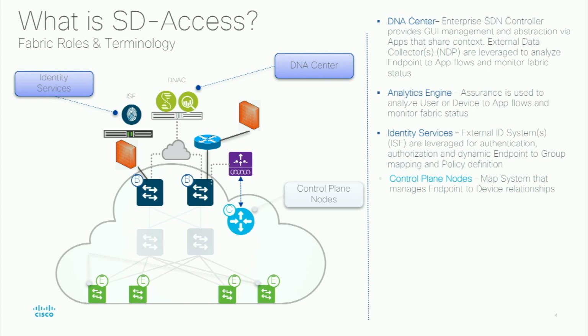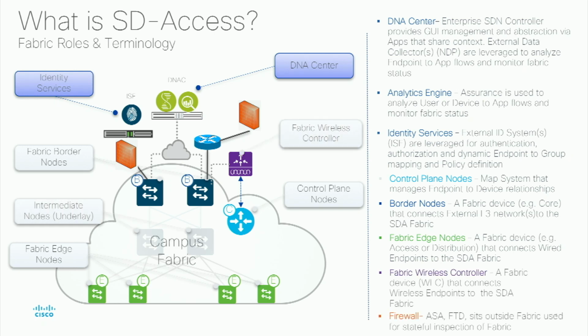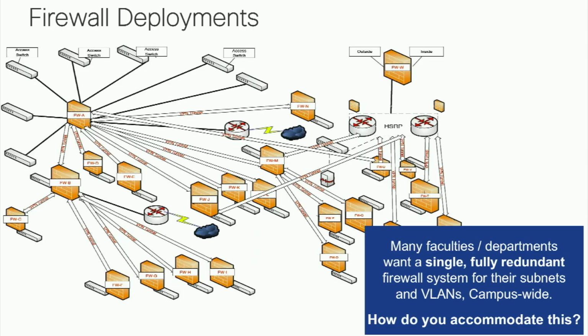It's also going to be pushing all of the TrustSec tags and the TrustSec policy. We have our control plane nodes, which are responsible for mapping all of our endpoints on the network. Our fabric borders, which is our entry and exit point to our fabric domain to another layer 3 domain that's known or another layer 3 domain that's unknown. Fabric edge nodes, those are our access points, along with our WLC, where all the endpoints connect to.